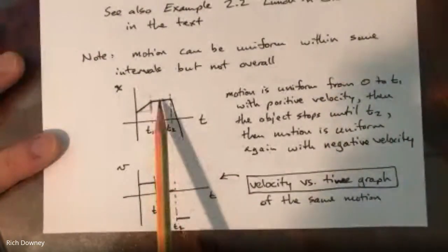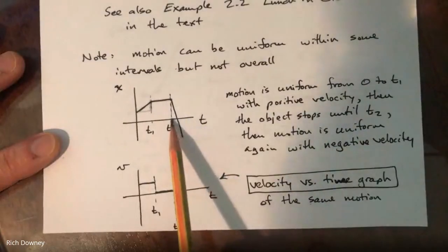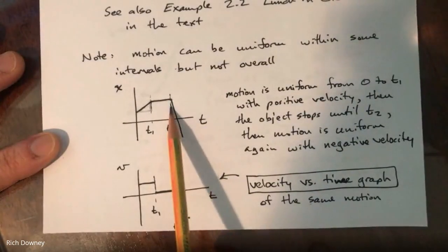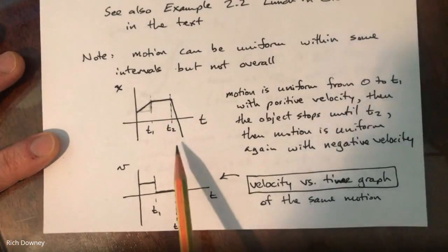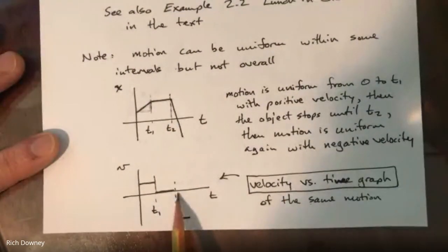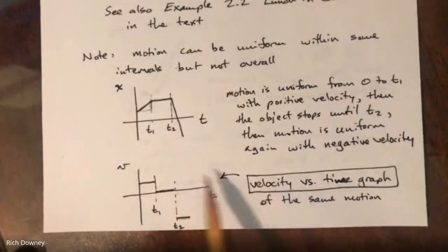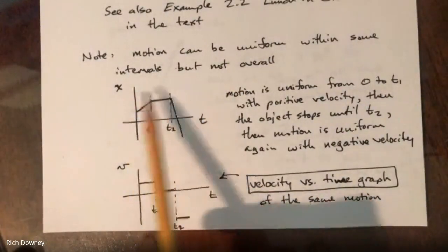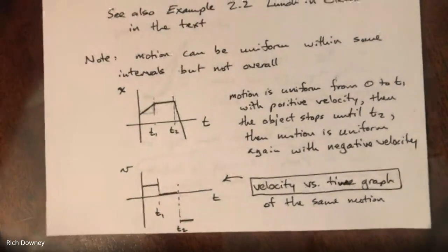And that makes sense because the object wasn't moving. We already knew that. Its velocity is 0. And then in the last interval, the velocity is negative. The particle is moving in the negative x direction. And it's a steeper slope, so it's a larger negative value compared to the positive value that it started with. So this is the velocity versus time graph for this same position versus time graph. So these are related. They don't have exactly the same information in them, but they do cover a lot of the same information.